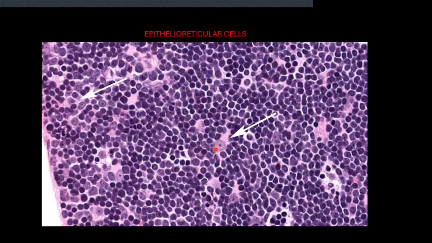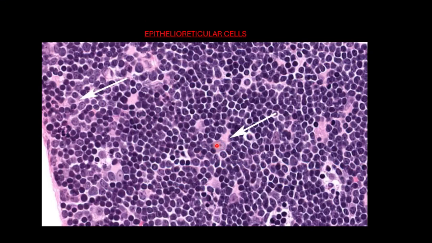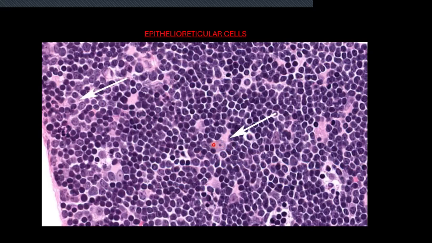But those with a light staining nucleus, you can see this euchromatic nucleus here with a prominent nucleolus, those are now the epithelial reticular cells, okay? Now, on the matter of identifying between type 1, type 2, type 3, that would call for special histochemical stains to distinguish that, okay?